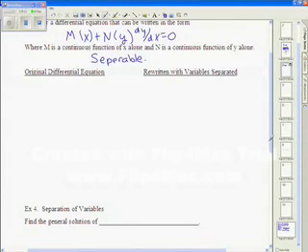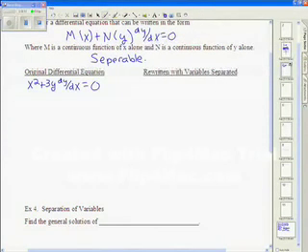Okay. Original differential equations. All right, we're going to have 2 columns, and we are going to separate the variables, okay? Let's say I have x squared plus 3y dy/dx equals 0. And I want to separate it. I want to get all the y's on one side and all the x's on the other, okay?